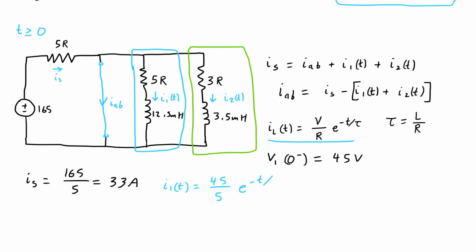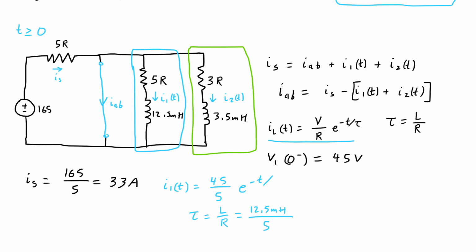Now tau for this one is going to be L over R. L is 12.5 millihenry, and R is 5.